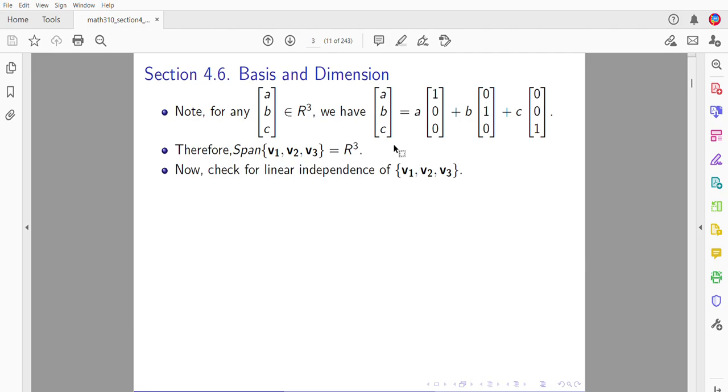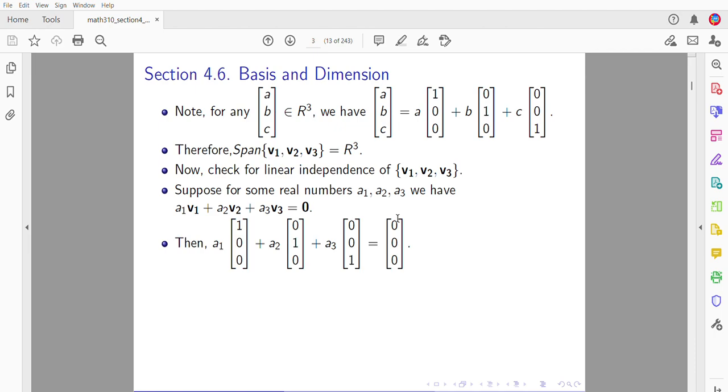Now let's check for independence. Notice you need span and you need independence. Let's check for independence of v1, v2, v3. Suppose you have some real numbers a1, a2, a3 such that a1 v1 plus a2 v2 plus a3 v3 is the zero vector. Then a1 times 1, 0, 0 plus a2 times 0, 1, 0 plus a3 times 0, 0, 1 is the zero vector 0, 0, 0.